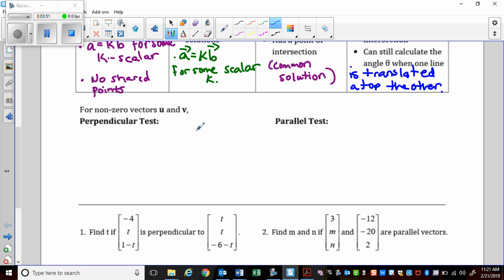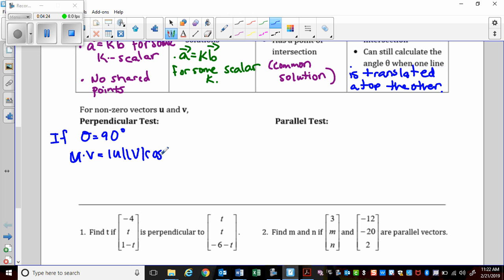Okay, for non-zero vectors u and v, so it's just not 0, 0, the perpendicular test, remember, if theta is equal to 90 degrees, then u dot v, the dot product, is equal to the magnitude of u times the magnitude of v times cosine of theta.